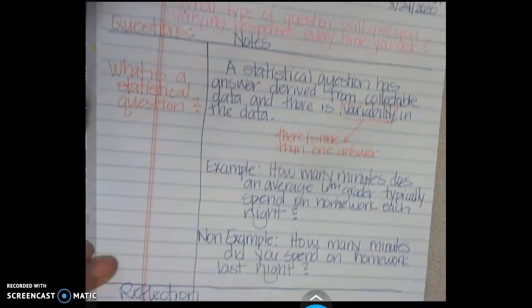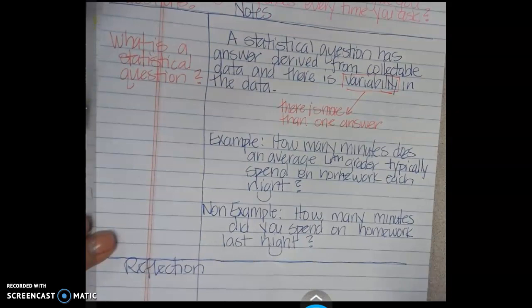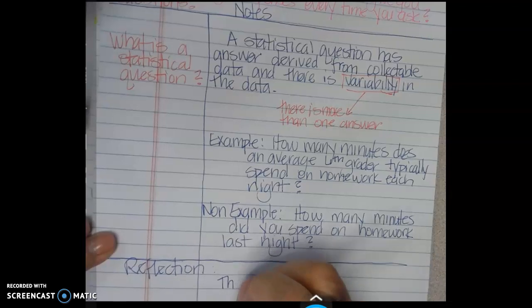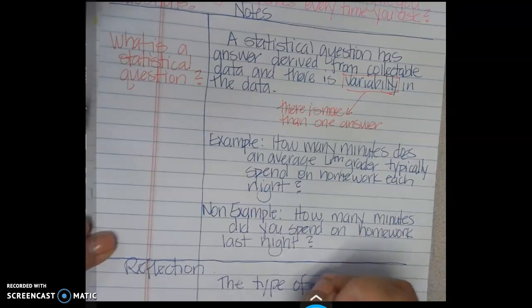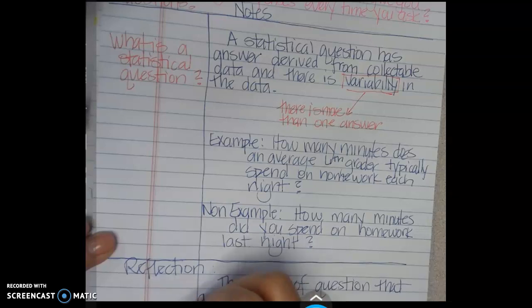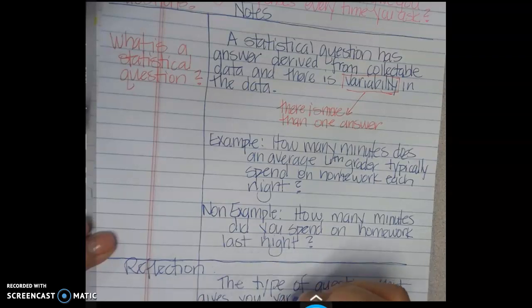For example, I'm going to start your reflection for you. The type of question that gives you varying responses is, and you're going to answer that.